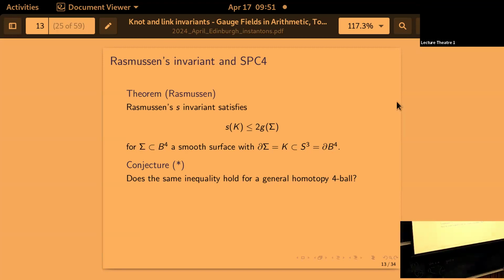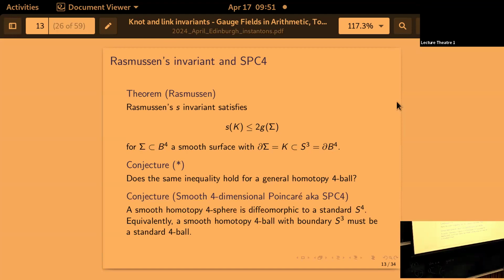As you might imagine, this is connected to the smooth 4-dimensional Poincaré conjecture, which says that any smooth homotopy 4-sphere is diffeomorphic to the standard 4-sphere, or equivalently, a smooth homotopy 4-ball with standard S3 boundary must be the standard 4-ball.